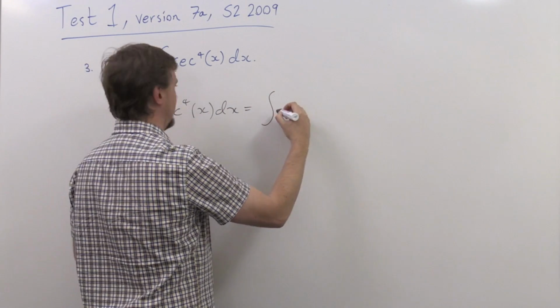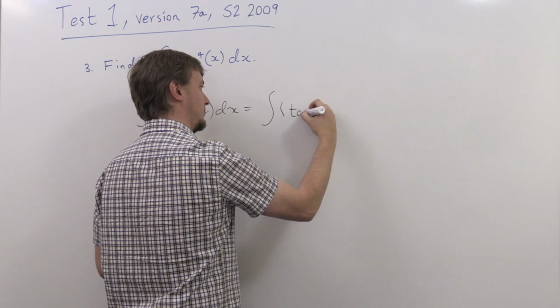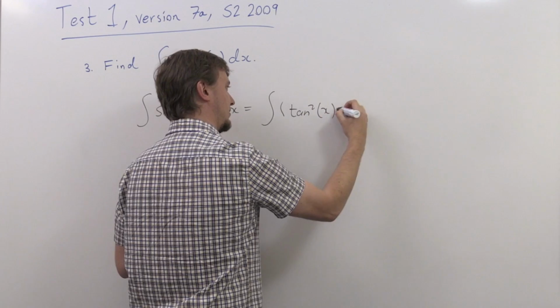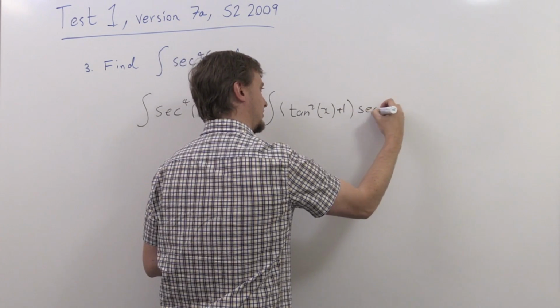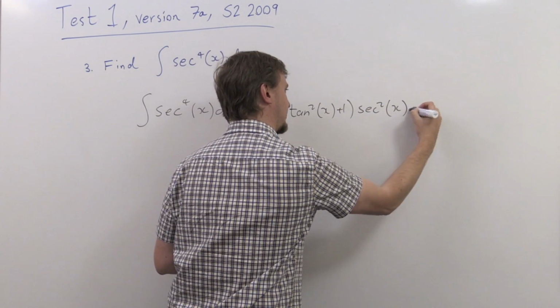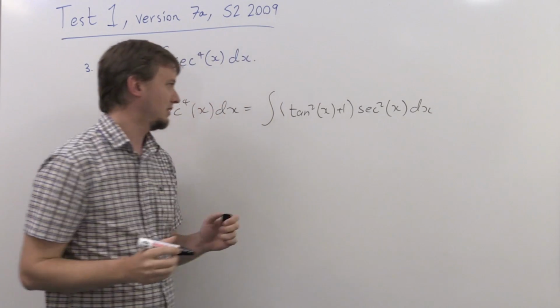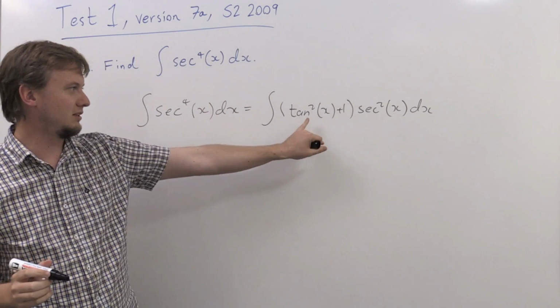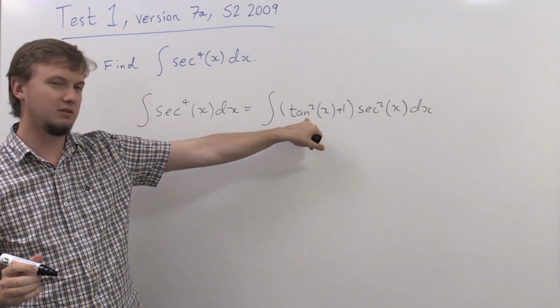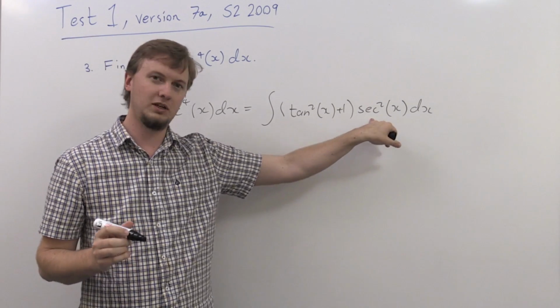the integral of (tan squared x plus 1) sec squared x dx. And the lovely thing about this is I know that the derivative of tan x is sec squared x.